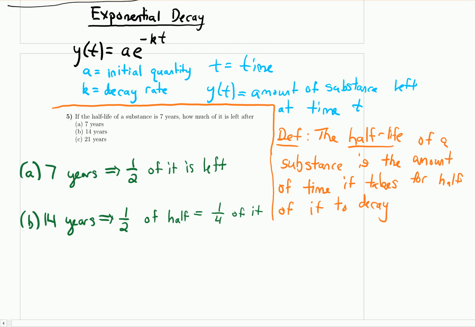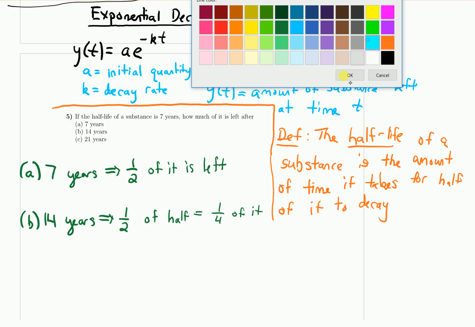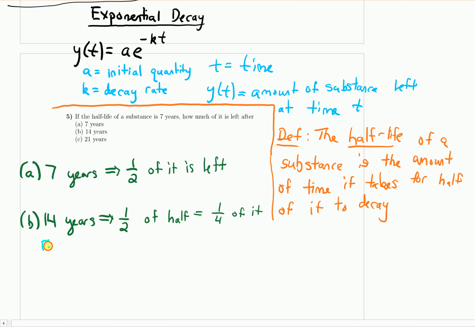So for example, if we started with 100 grams, then after 7 years, half of it is left, so 50 grams is left.